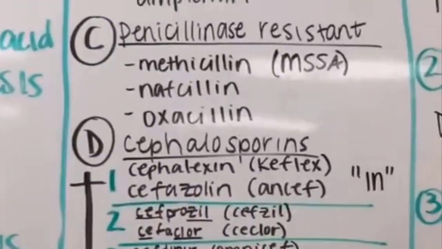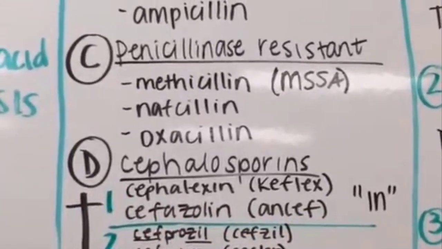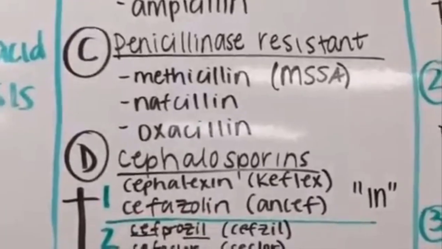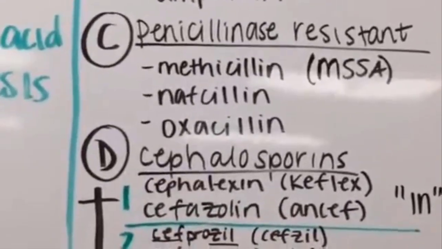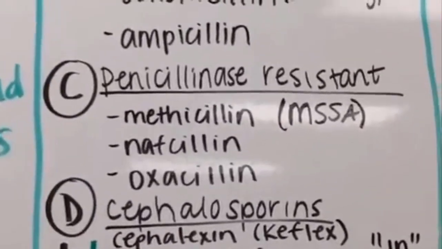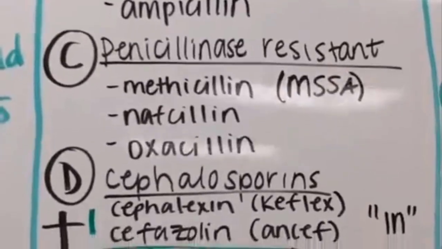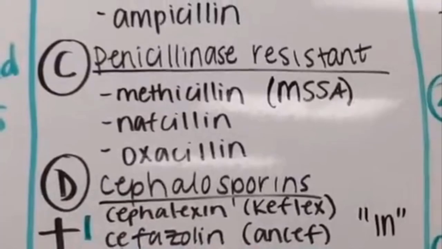So these kind of go together in the sense that one's the way that we classify it, one's one that we use to actually see if the bacteria is resistant, and then the third one is the one that we actually use to treat. So that's how those three kind of go together. So those are our three different penicillins that we have.